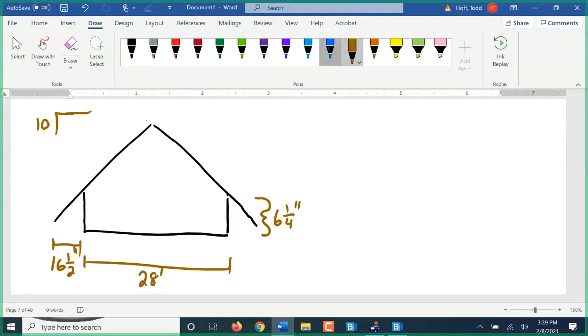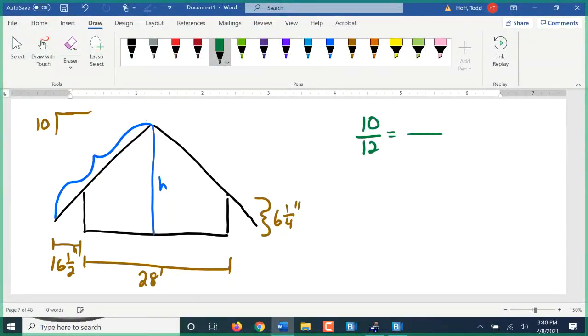So here, I want to find the height. I want to find the length of the top chord. Have any ideas where to start? I'll do the 10 over 12. Yeah, that's a good place to start. Put your H on the top, on your numerator.